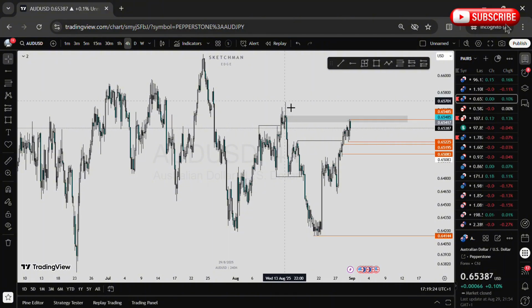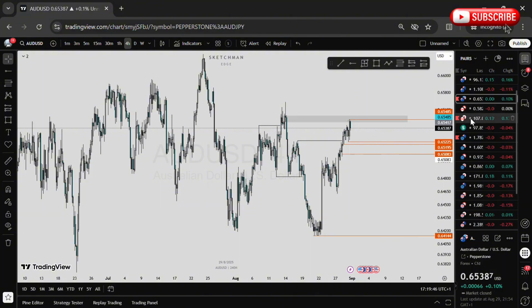Obviously stop loss would have been up here. First stop loss would have been very, very huge, and I wouldn't have gotten a good risk reward ratio. So I decided to use this supply zone as my POI, and then market came to the supply zone and started dumping, which I took the trade.